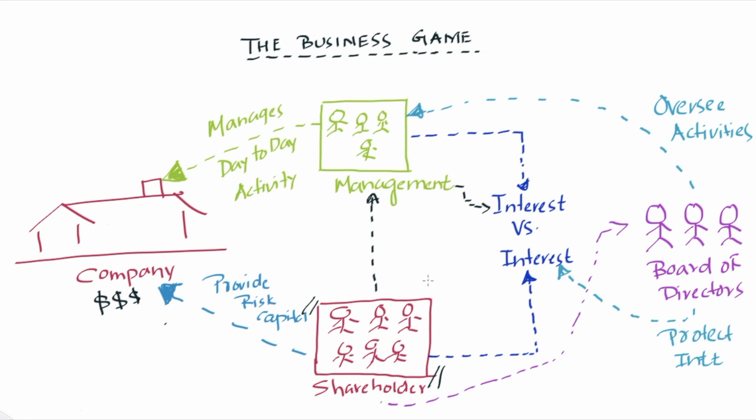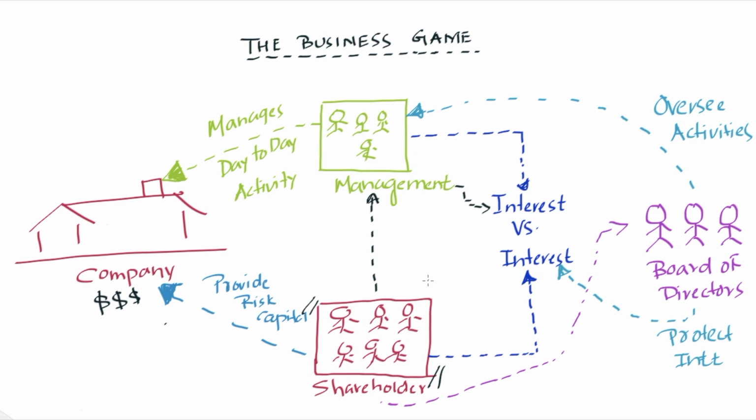Now what to do? Shareholders do not generally manage the business, and the management is done by somebody else that we call management. So what shareholders do is they appoint someone or a group of people known as the board of directors.